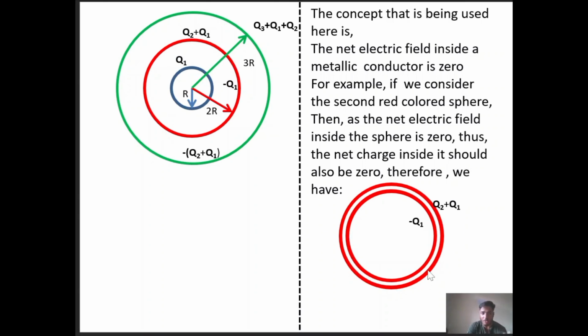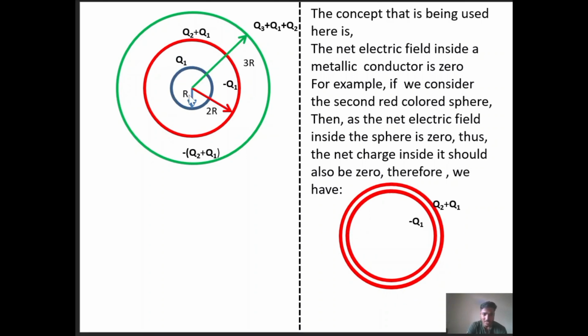That means the net charge inside this red spherical shell should be equal to 0. The condition is satisfied only when the net charge inside this red spherical shell is 0.